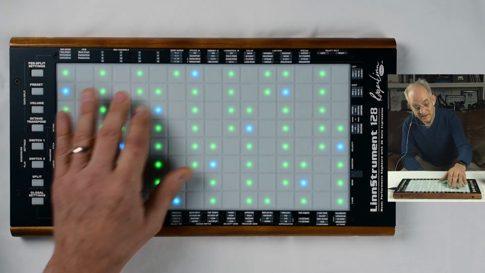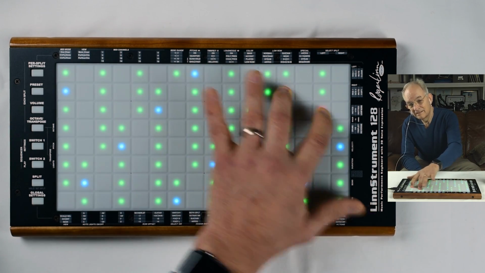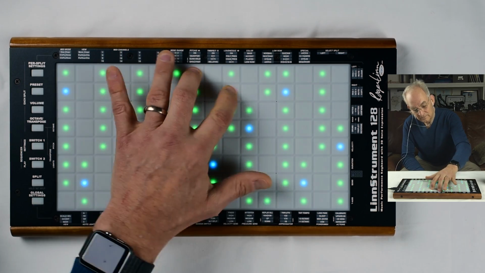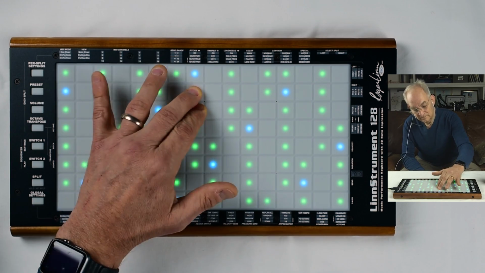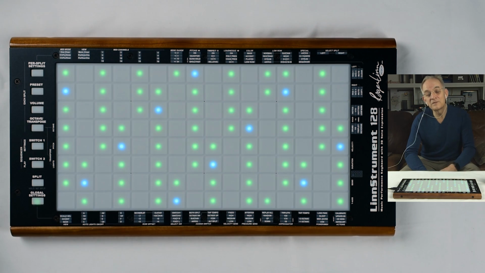And you can slide up harmonies. But if you put a lot of those gestures that I described in, you'll sound a lot like the traditional pedal steel.